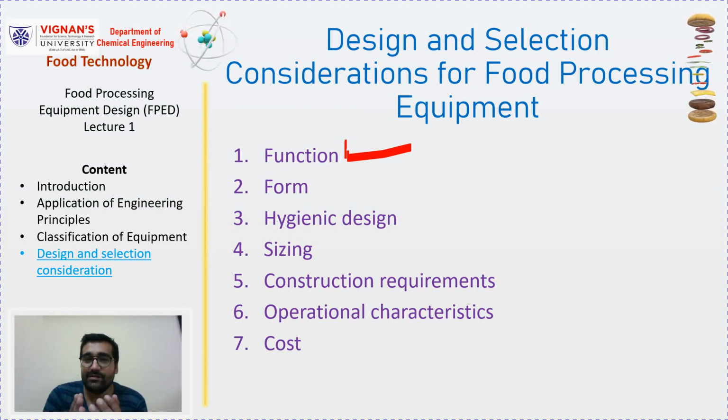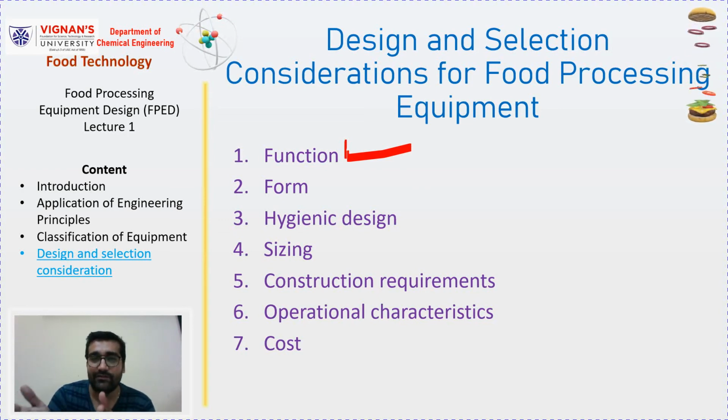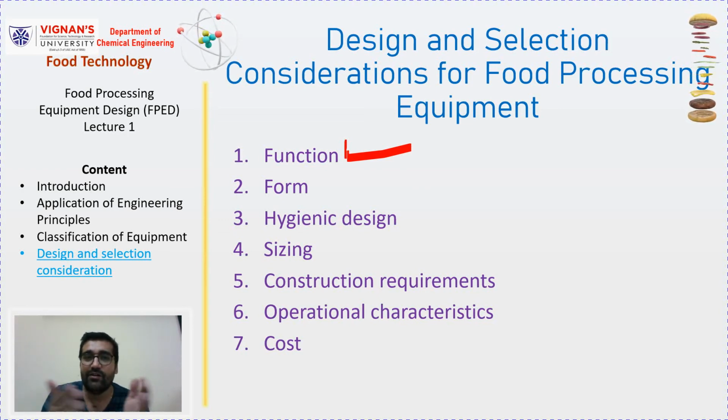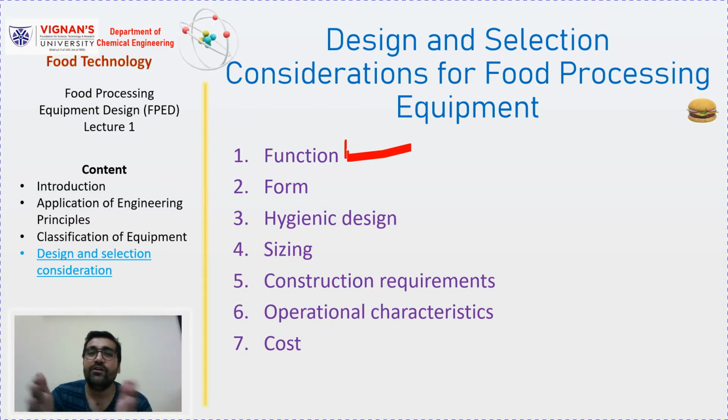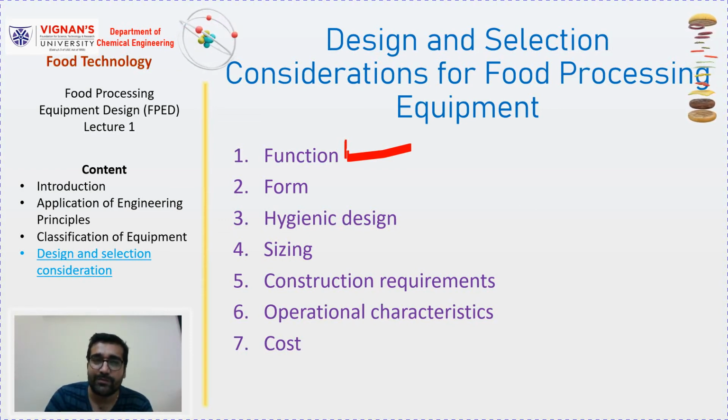So first is function: what function we are going to take from the equipment. Are we going to design a conveyor, a processing equipment, or a heat exchanging equipment? Depending upon that, we will decide the criteria for the further processes.